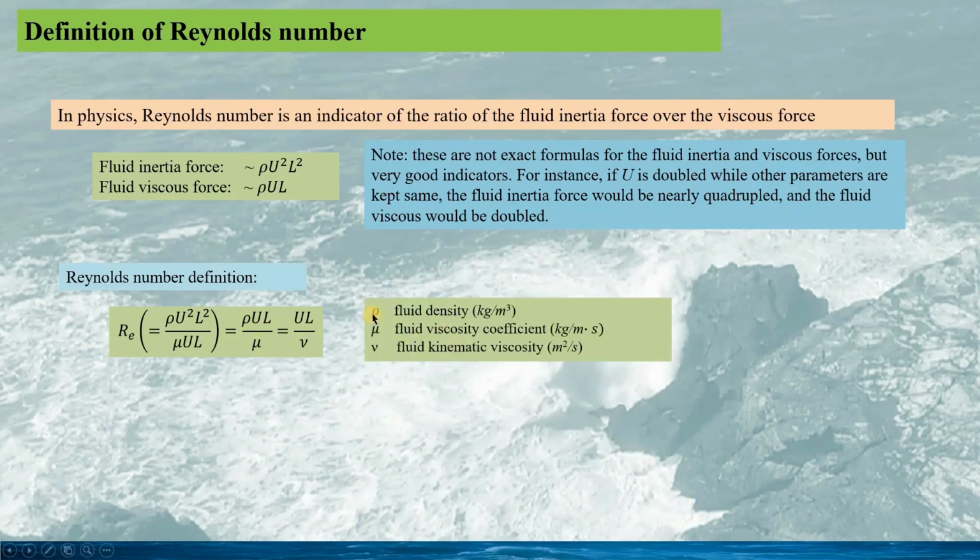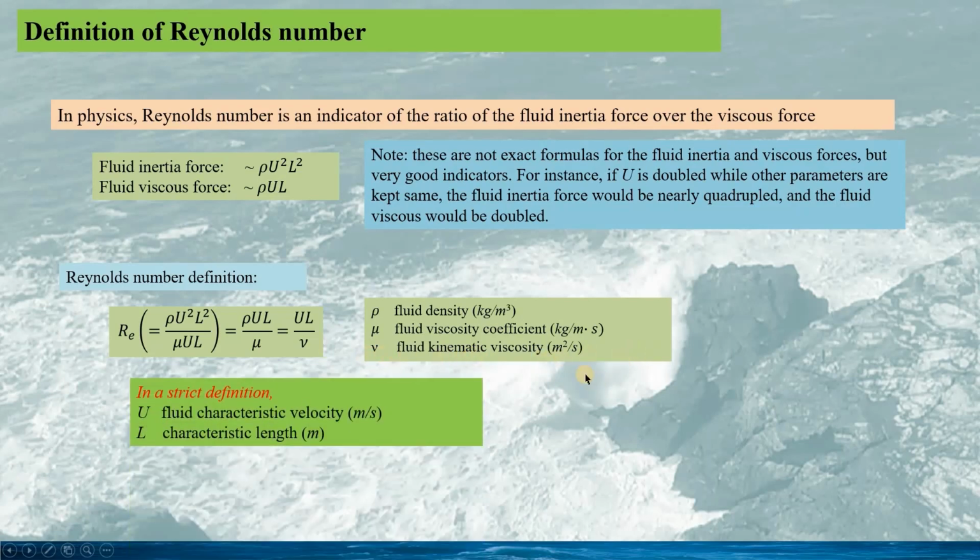Here we can see ρ is the fluid density, mu is the fluid viscosity coefficient, and we can also use this nu, the fluid kinematic viscosity. In a strict definition, u is called the characteristic velocity, and L is the characteristic length. What are they?